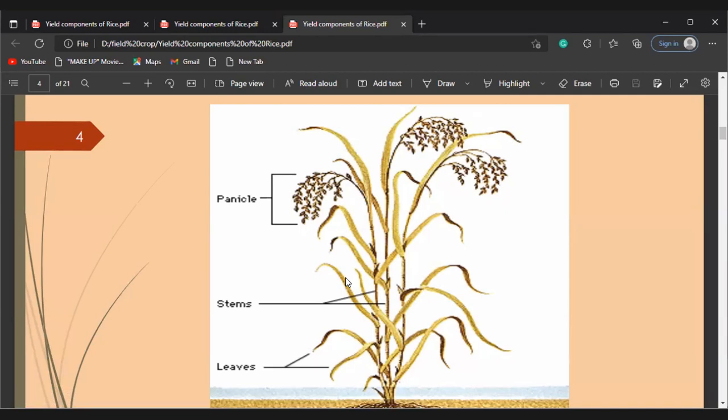Yes, because if the plant has the habit of producing a high number of productive or effective tillers, they can produce panicles. Then from the panicles there are a high number of spikelets, and from that the yield ultimately increases. Got it?